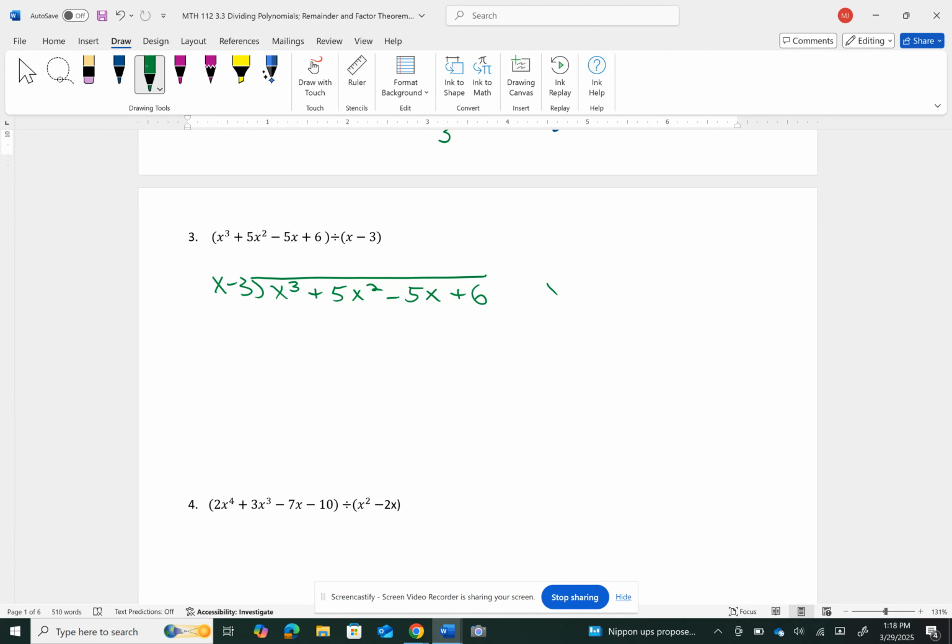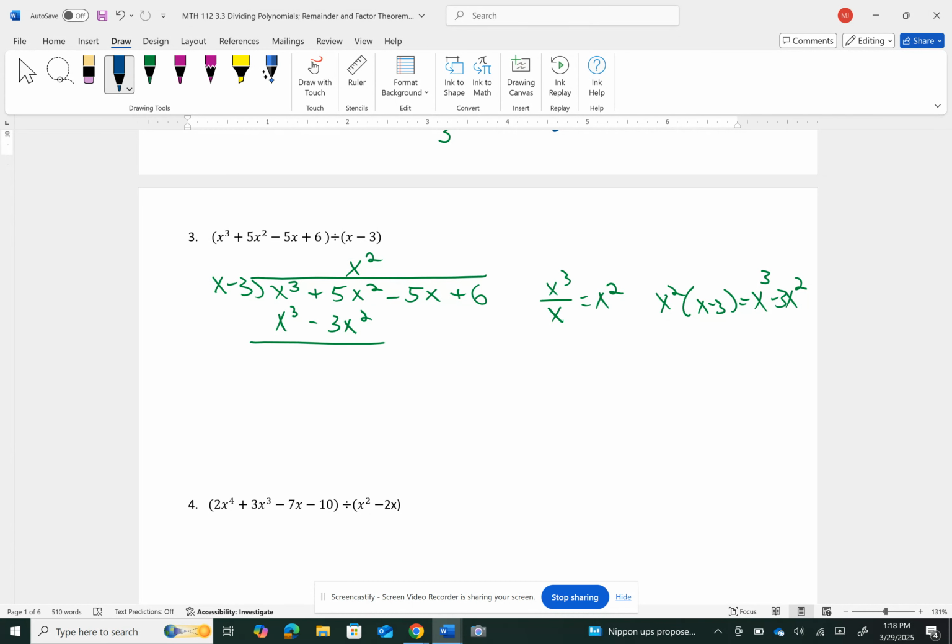So the first thing I'm going to do is x to the third divided by x, which would be x squared. That's going to go here. And then I'm going to take that x squared and multiply it by x minus 3 and get an x to the third minus 3x squared. So I'll jot that down, lining it up underneath those like terms.